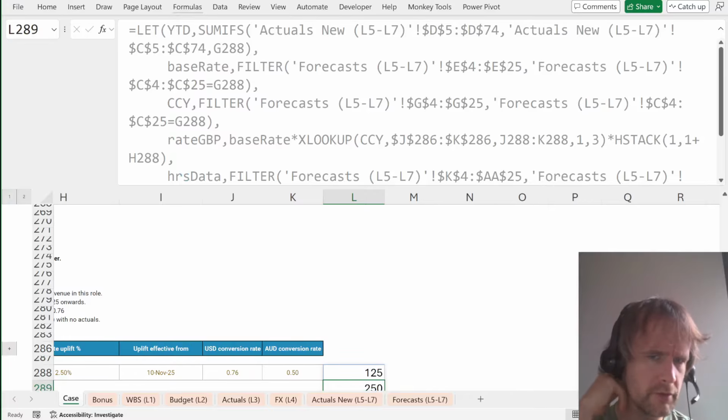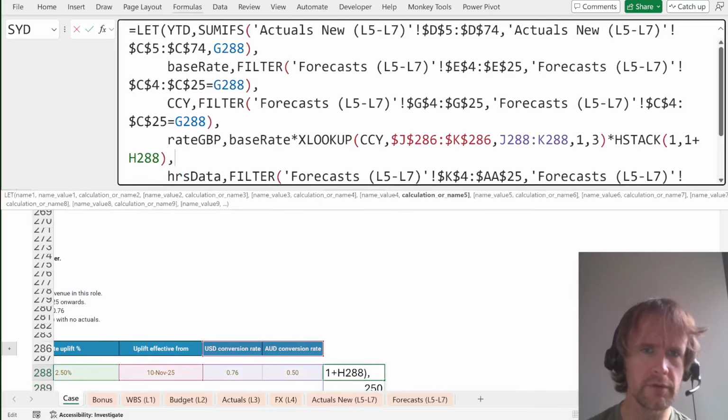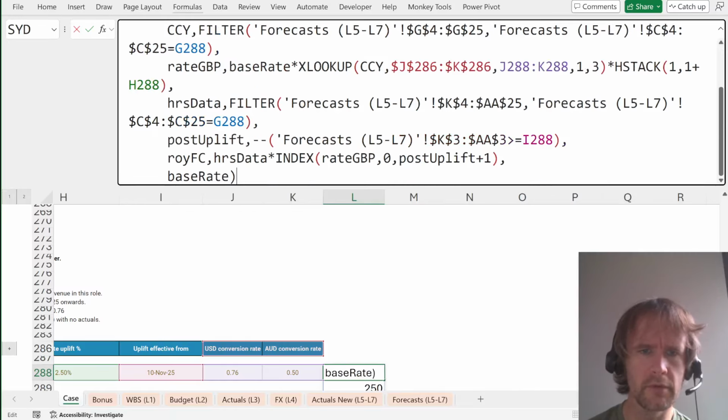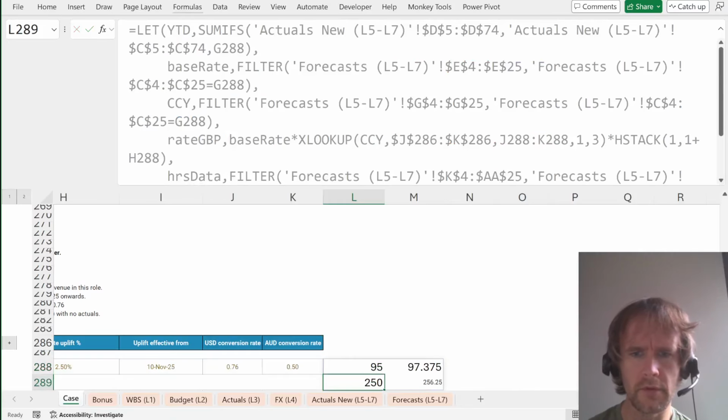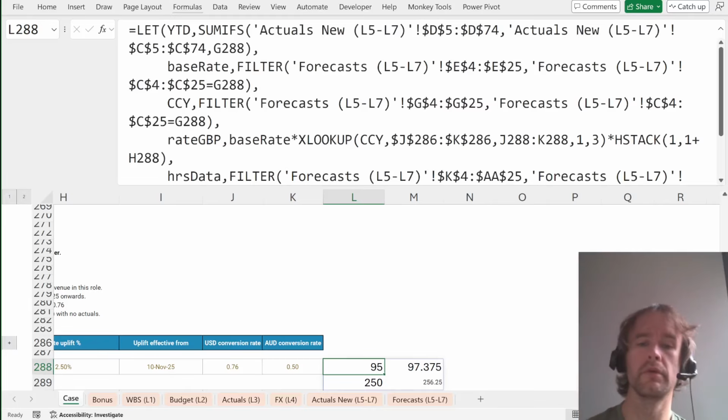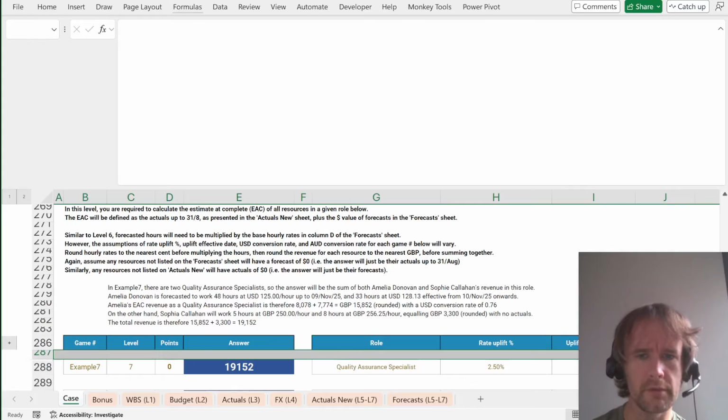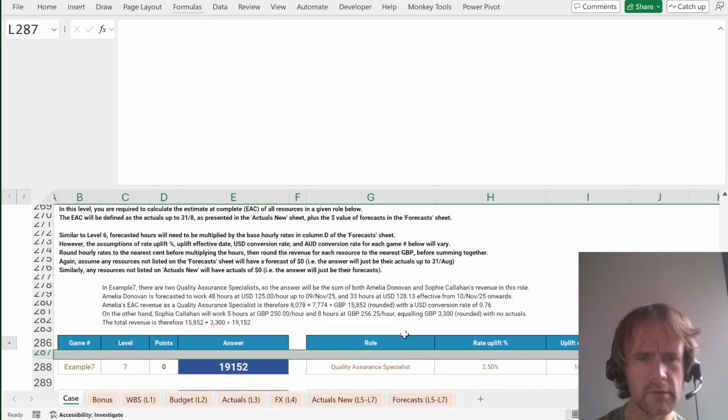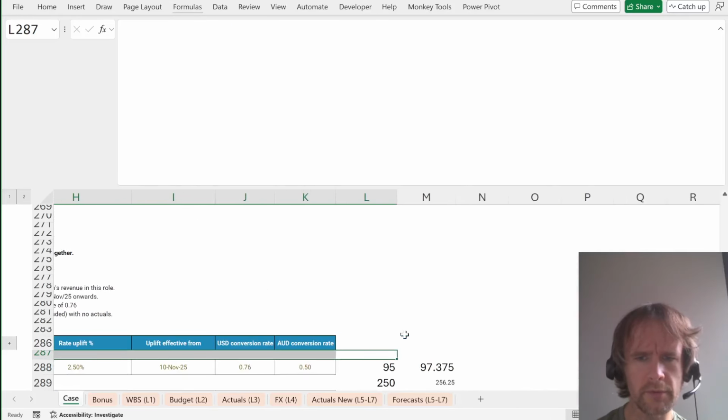Yeah, it's 250. Fine. So then rate GBP is 250 and 256. Yes. Oh, hang on, 5 times 2 and 8 times that. Yeah, it's not too far off the mark.